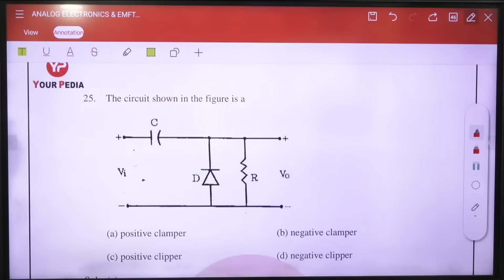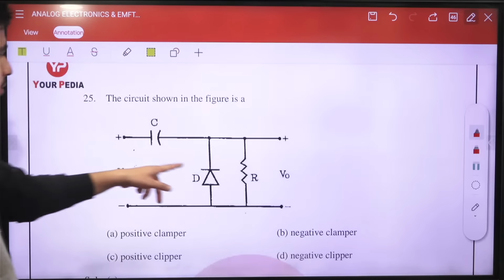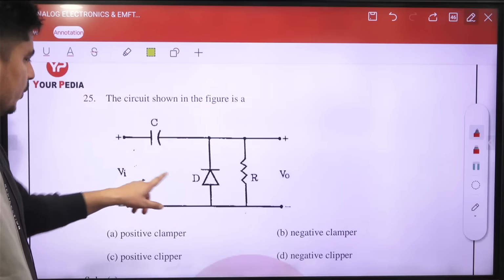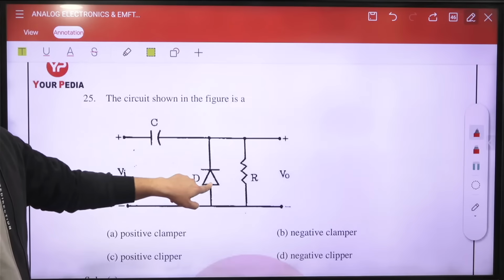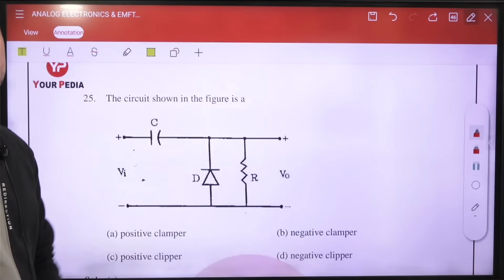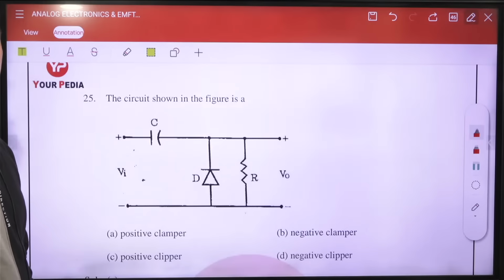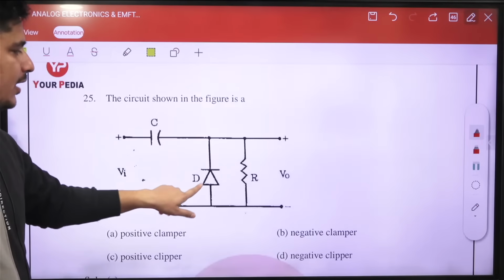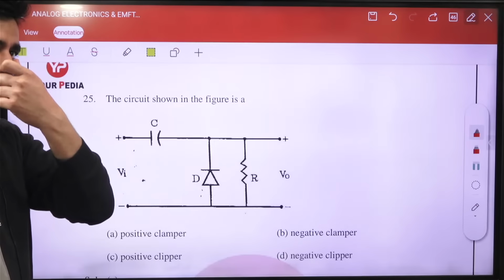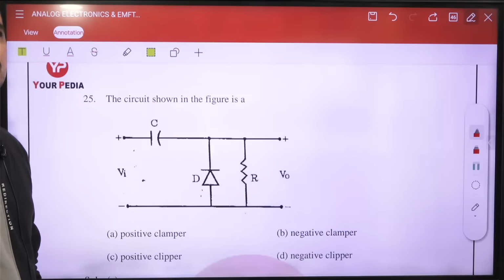Now, as you see, the diode is connected in opposite. It means during the negative half cycle, this diode will conduct and the output voltage is 0.